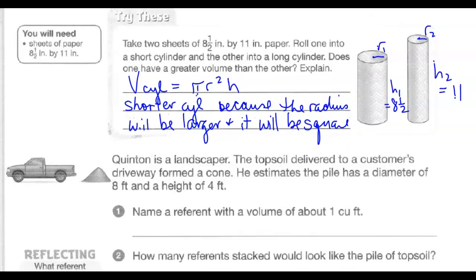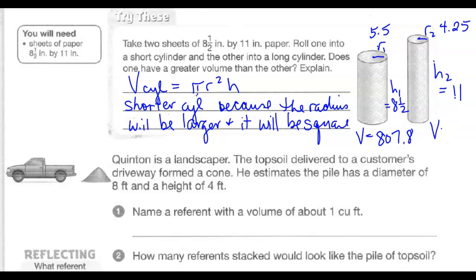If we did test it out, this radius, half of 11, would be 5.5, and this would be half of 8.5, which would be 4.25. So the volume here would be pi times 5.5 squared times 8.5, basically 107.8.